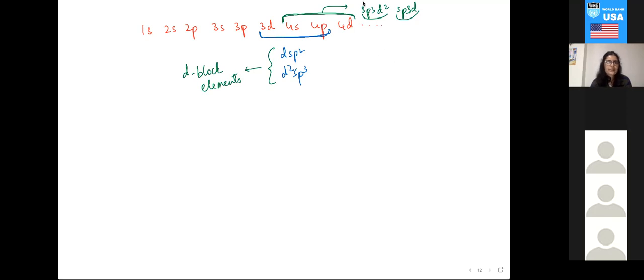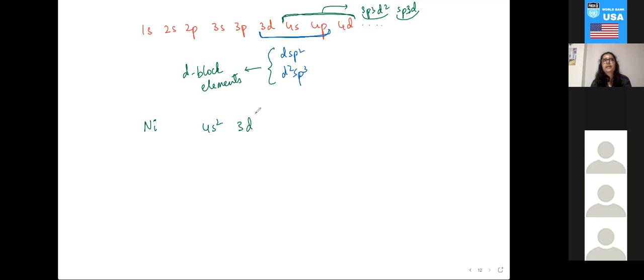Your P block elements are going to prefer sp3d or sp3d2 because they have either completely empty D shells or completely full D shells. So it's not going to be bothered. But your D block elements have incomplete 3D, right? Like if I take something like nickel, it has 4s2 and 3d6, I think, either 3d6 or 3d8.